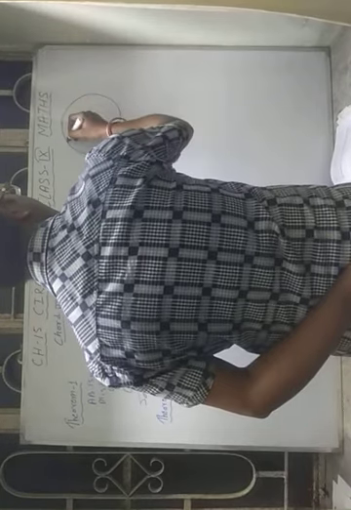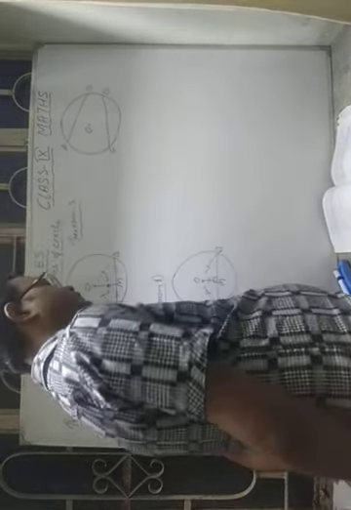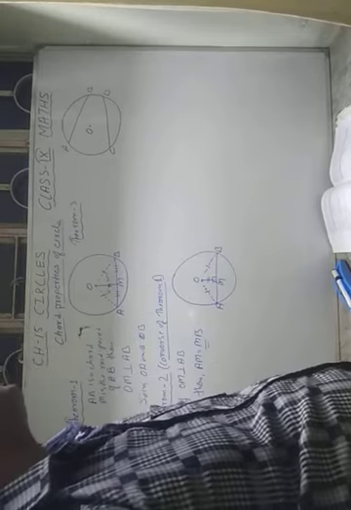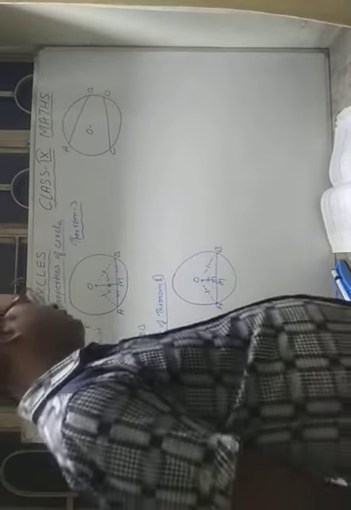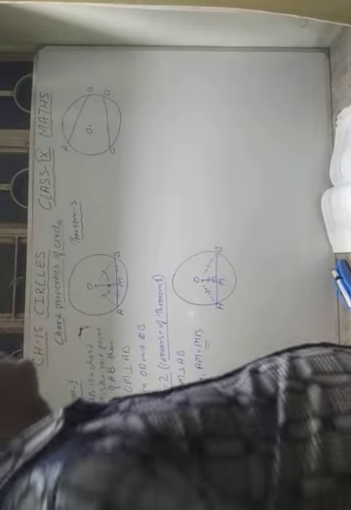Now this theorem says equal chords of a circle are equidistant from the center. That means if you take a circle, suppose its center is O, and you take two chords like this, suppose AB and CD. If these two chords AB and CD are equal, then you have to prove that they are equidistant from the center.